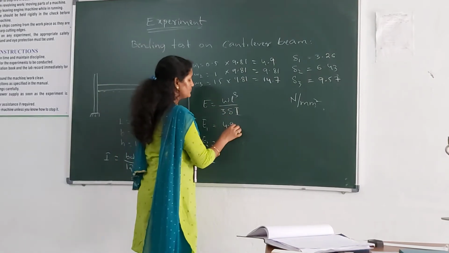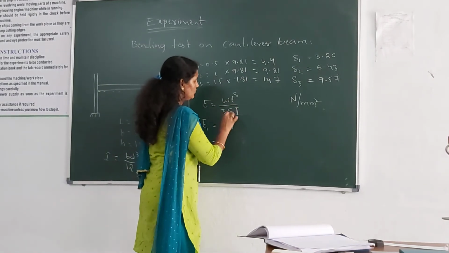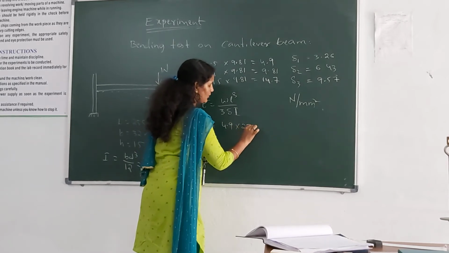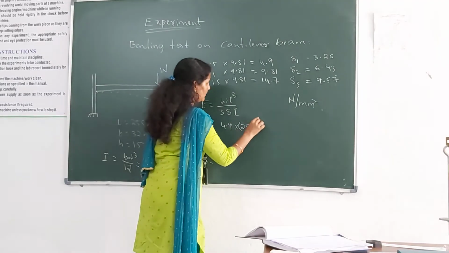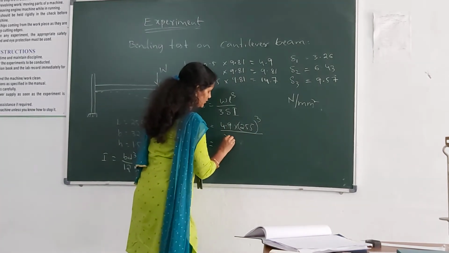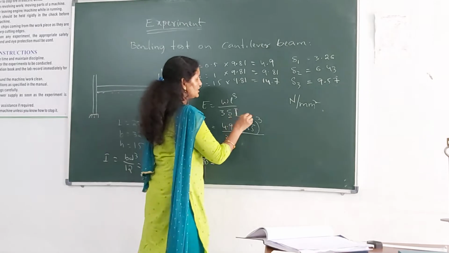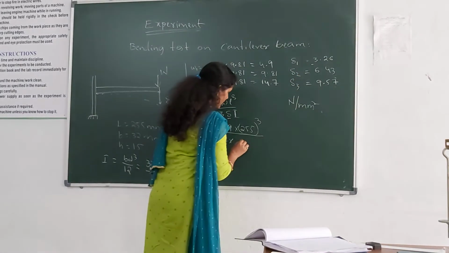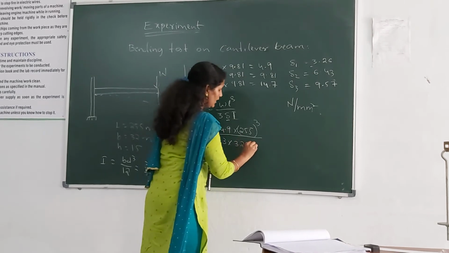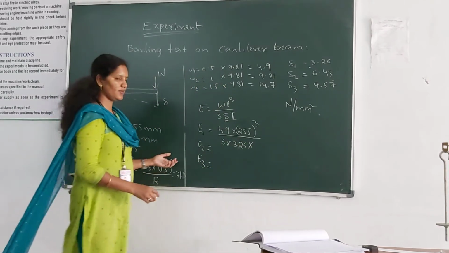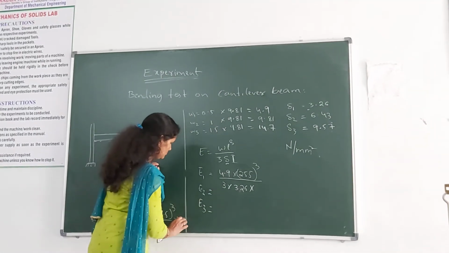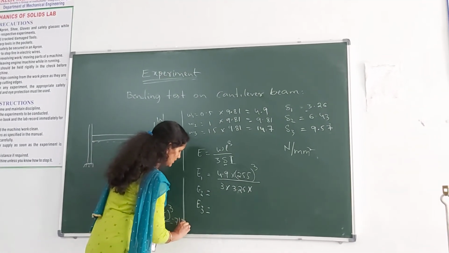Now see here, this is the weight 4.8 and the length is 255 mm. WL cube by 3 we can take as this. And what is the delta? We have to take delta 1 here, 3.26, and the I value what we got here, 71.72.